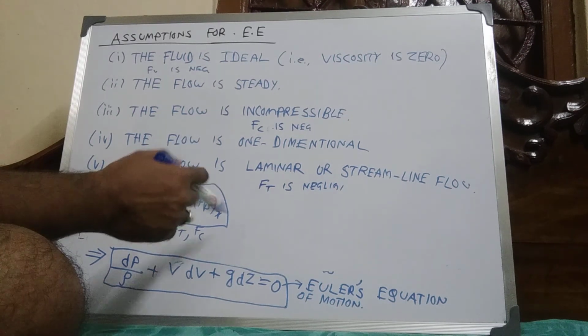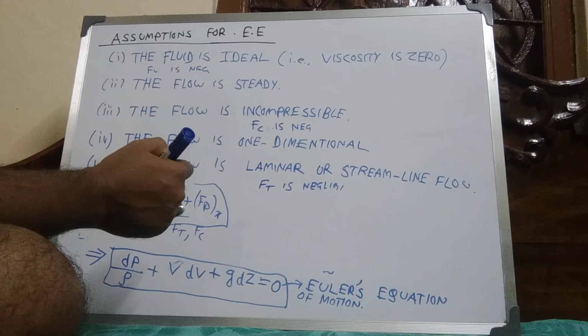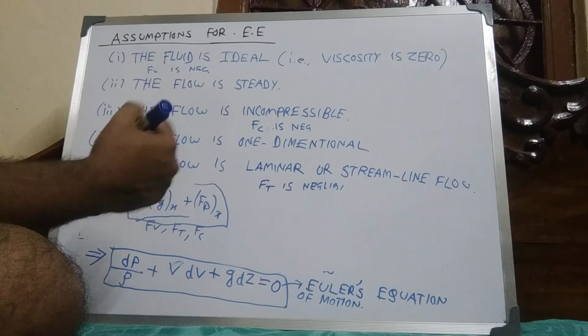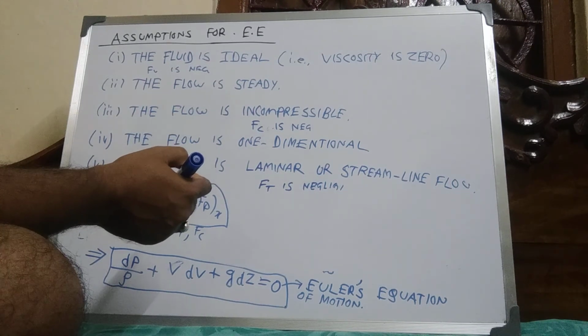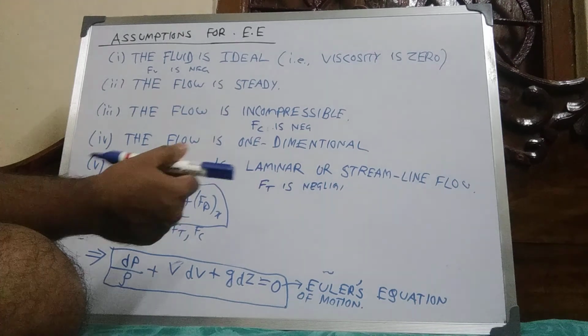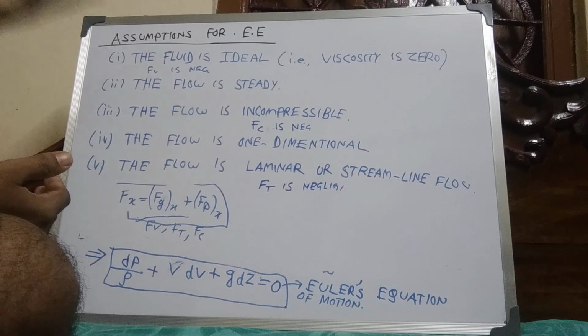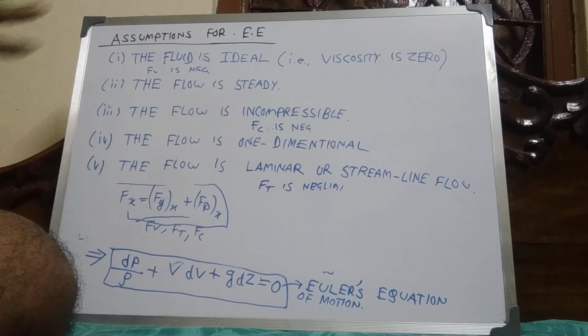Fc, force due to compressibility, is negligible, so this is incompressible flow, meaning rho, density, is constant. And I already assumed the flow is steady. You can remember, and this is one-dimensional.